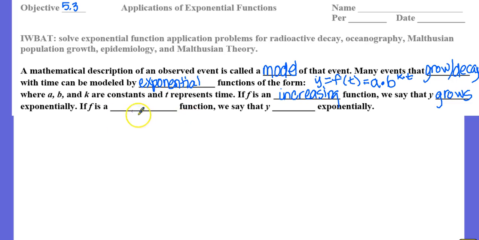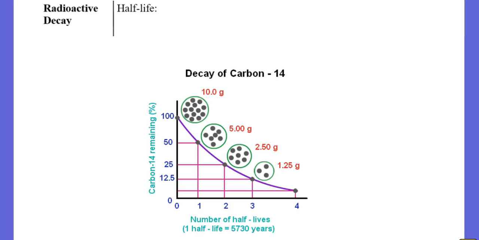If your function is a decreasing function, we say that y decays exponentially. Okay, so today our focus is going to be examples of exponential decay. So we're going to start off with radioactive decay.